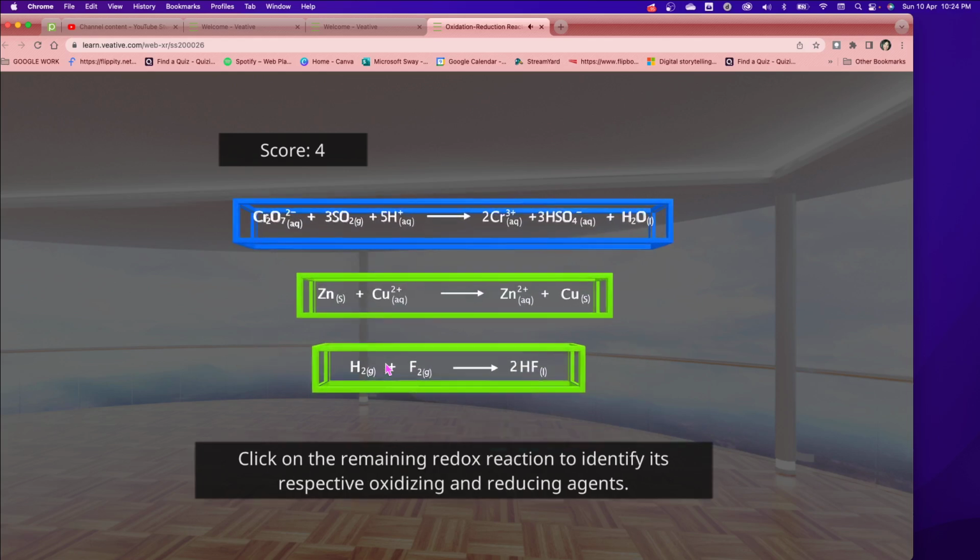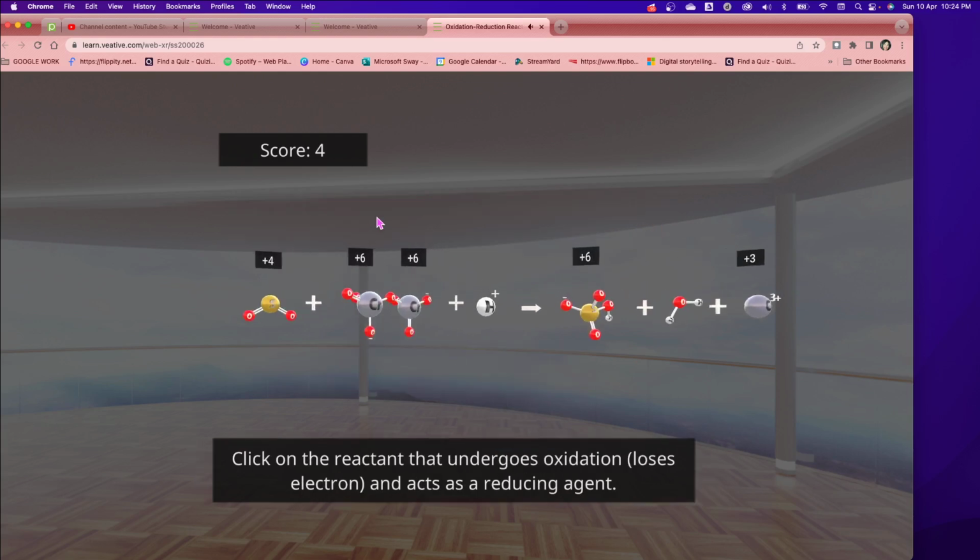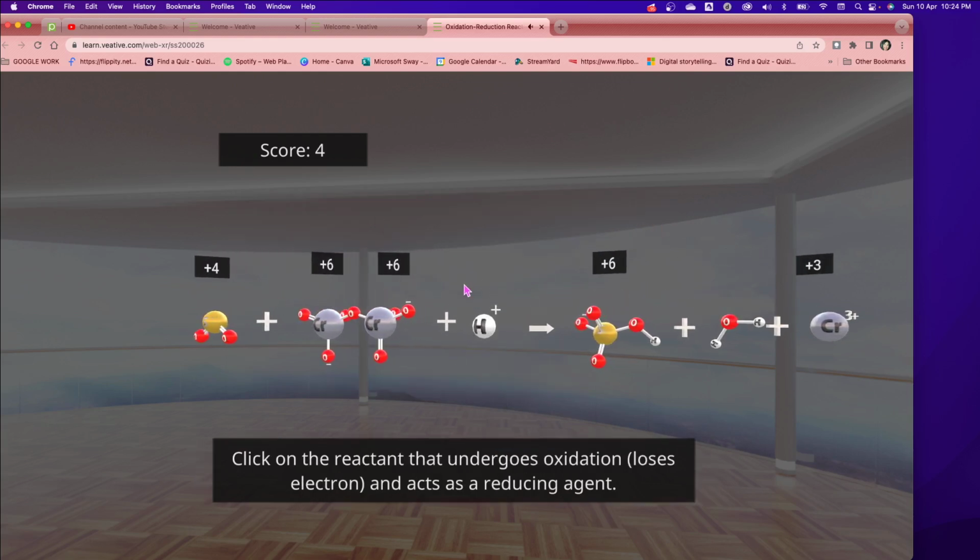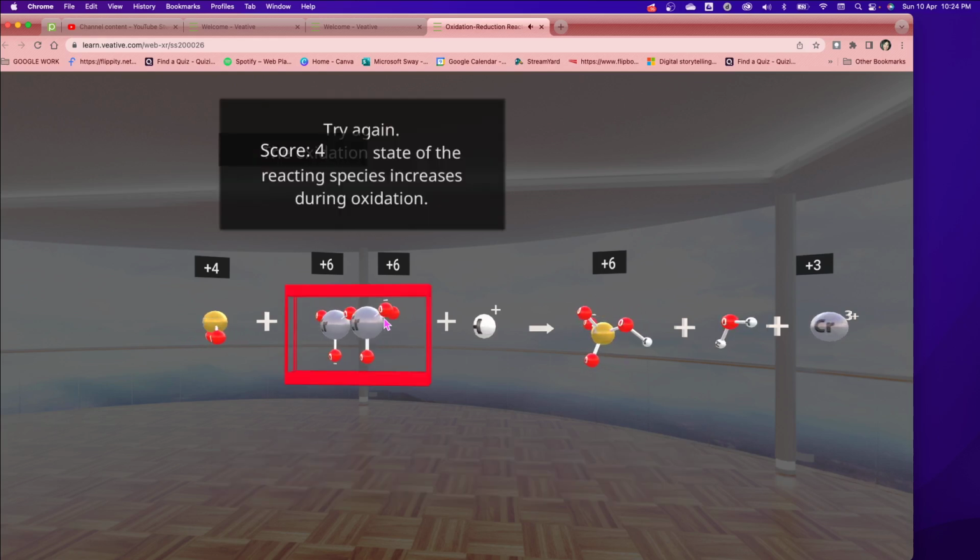Click on the remaining redox reaction to identify. Click on the reactant that undergoes oxidation and acts as a reducing agent. Try again. The oxidation state of the reacting species increases during oxidation.